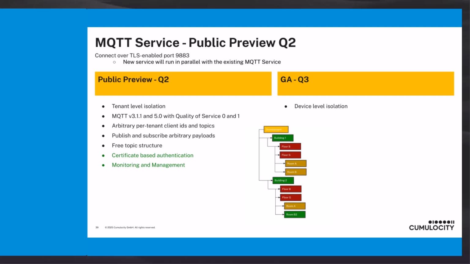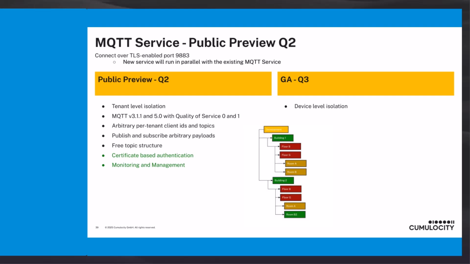So what have we added over and above what was available in the private preview? With the public preview, you will get certificate-based authentication as well as a monitoring and management capability. I've added a little diagram in the middle here, and those of you in the know will recognize it immediately as a unified namespace type hierarchy. I wanted to make it obvious that we haven't restrained you in any way on your topic structure in this MQTT service.